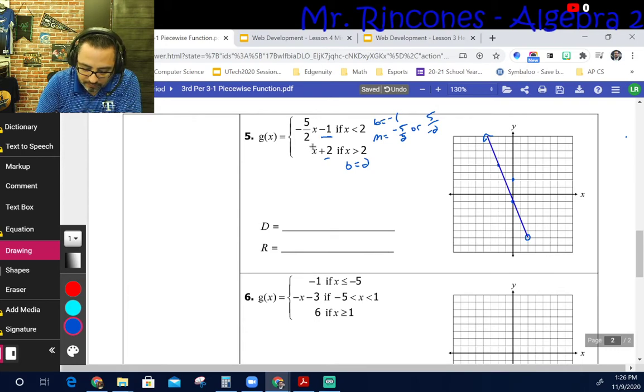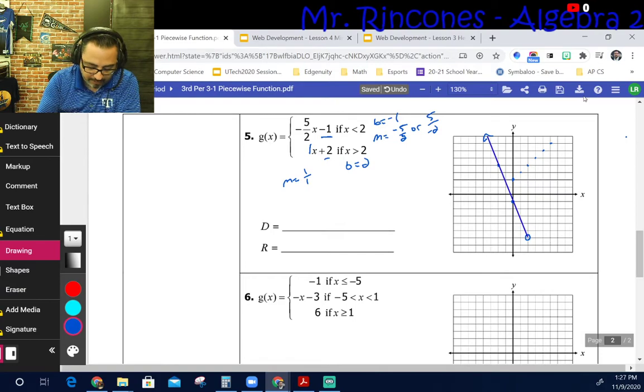What is my slope? Look, it's just the x. Well, if there's only one x, of course, the slope is going to be 1. So m is equal to 1, or 1 over 1. So from here, I'm going to go 1 and 1. So 1, 1, 1, 1, 1, 1, and then just keep going this way.